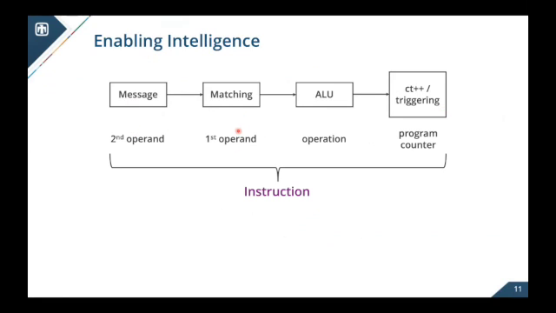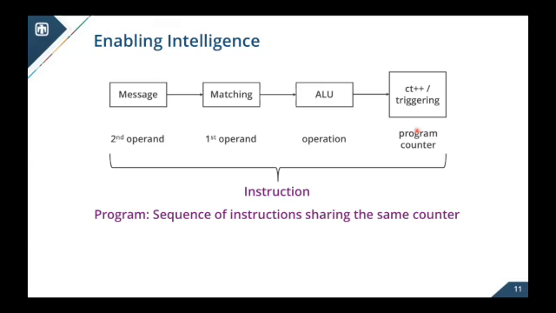A potentially binary instruction that has one operand specified by the matching element, and a second one specified by the incoming message. The ALU executes the operation specified by the matching element, and the counter here is a program counter, responsible for being incremented and then triggering the next instruction. And so a program is just a sequence of these instructions sharing the same counter.